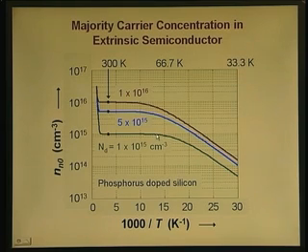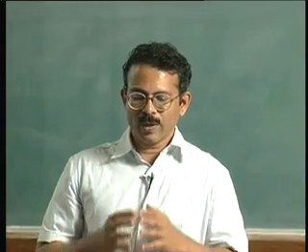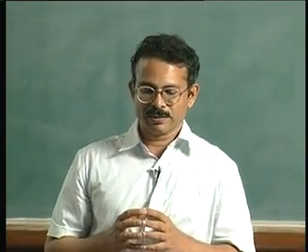The temperature difference between this point and this point is very visible. This is because these are lower temperatures. On the reciprocal of temperature axis, their difference is enhanced as compared to the higher temperatures, and that is why you feel that the higher doping levels have a lower extrinsic range than lower doping levels.